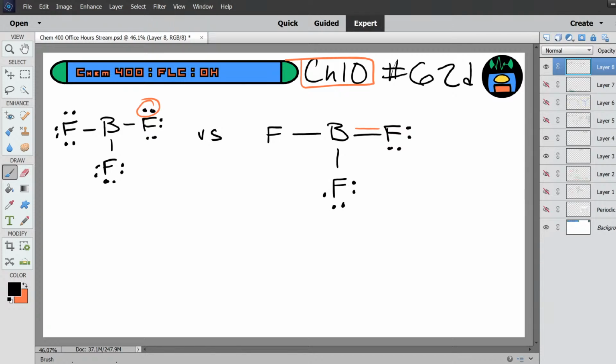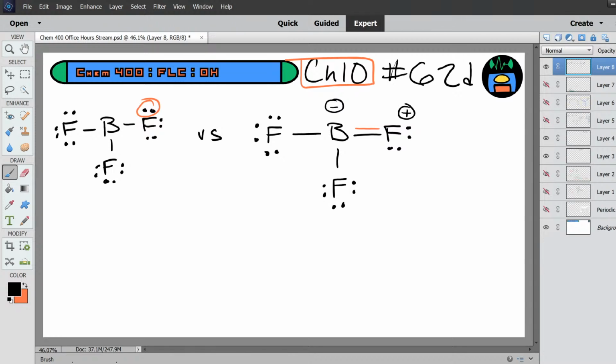If you do, there's a couple of consequences. First, it would put a partial positive on fluorine and a partial negative on boron.